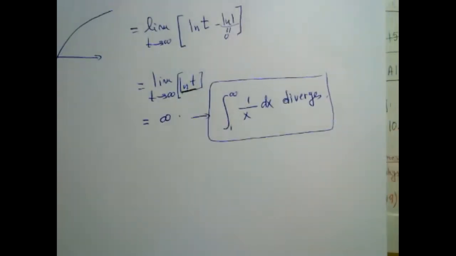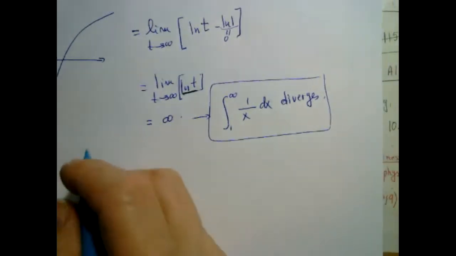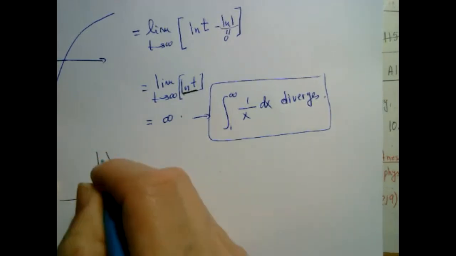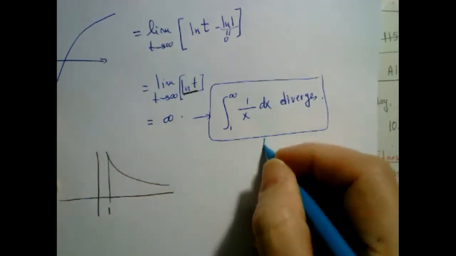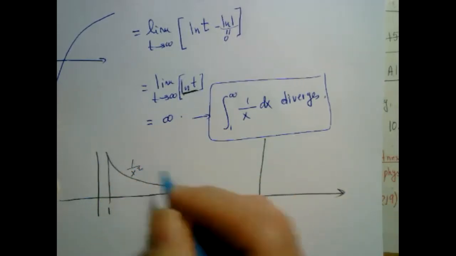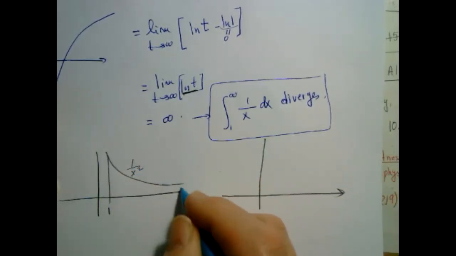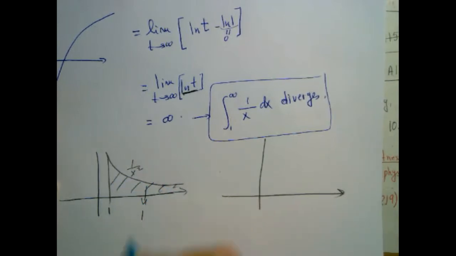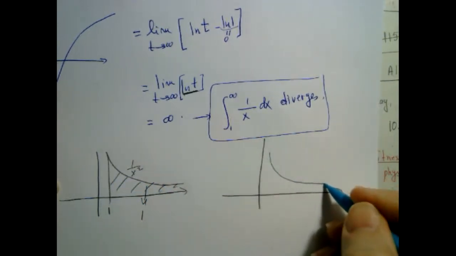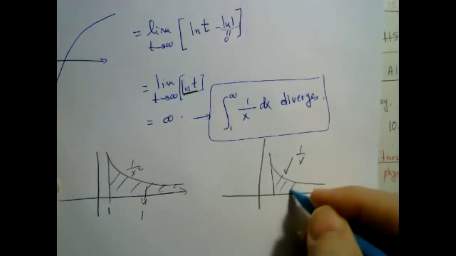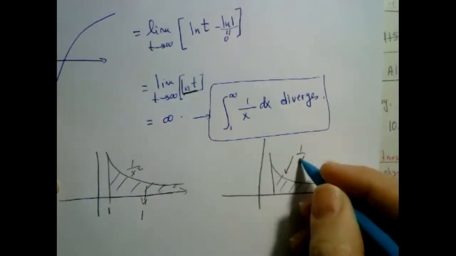It's actually interesting, and counterintuitive in a way. When I took 1 over x squared as an example, this really turned out to be 1. But when I take 1 over x, this area actually goes to infinity.